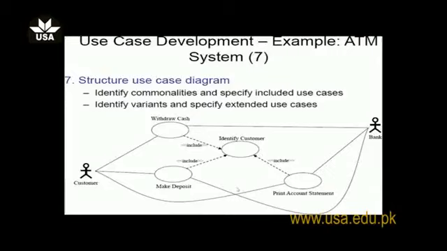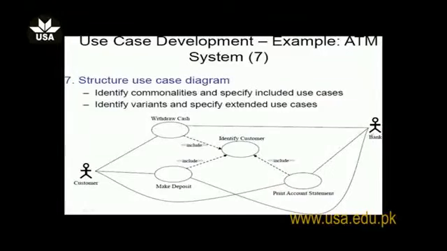As you can see here, if we want to withdraw cash, withdraw cash is a functional requirement that a customer performs, right? But on the other hand, the bank allows the customer to withdraw that cash, because without verification, without validation, without entering the card, or without confirmation from the bank, you are not able to withdraw the cash from the ATM machine.